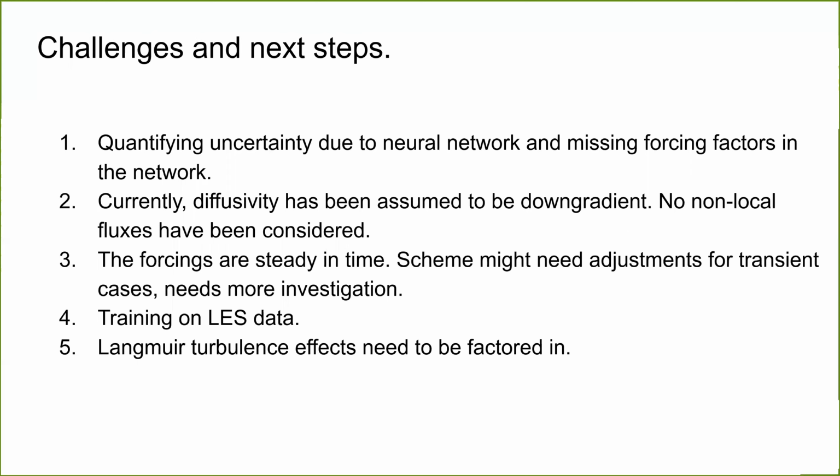This warrants some more investigation. We have only trained on high resolution K epsilon runs. We need to train on the LES data. We also plan to consider Langmuir turbulence effects and a way to factor them inside the neural network.